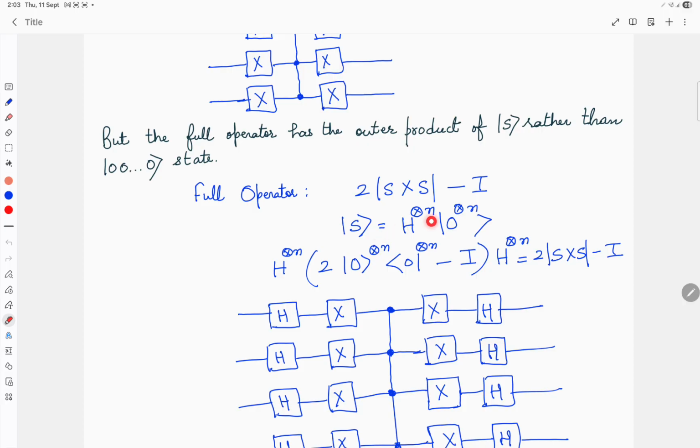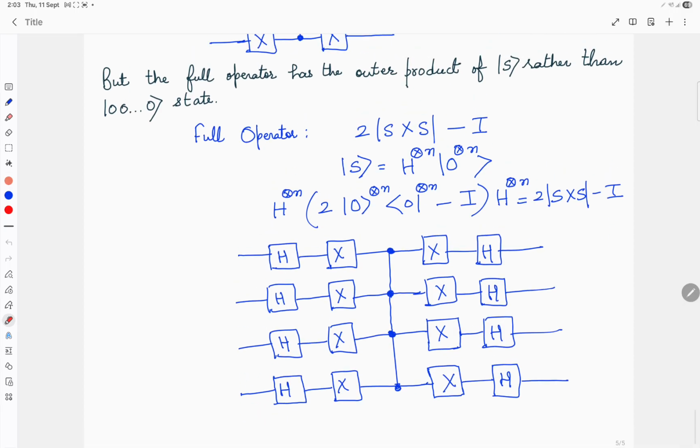So how can we reach from the all zero state to the full operator? That can be done by applying the Hadamard gates onto the all zero state from the left and from the right.